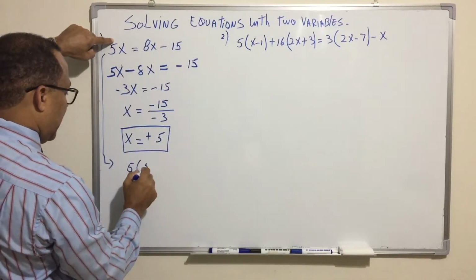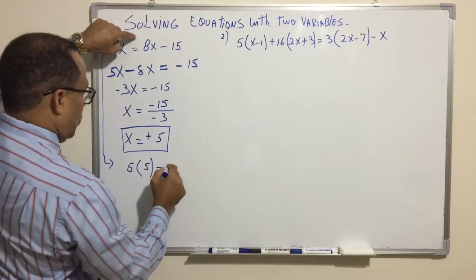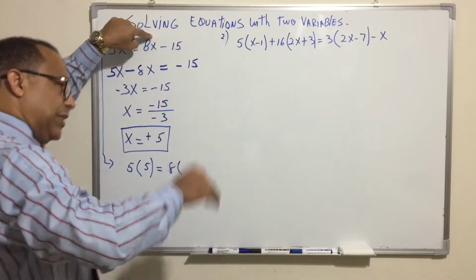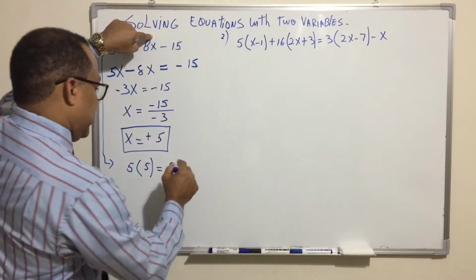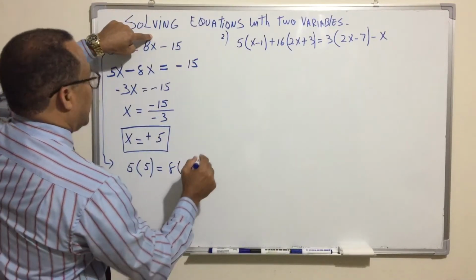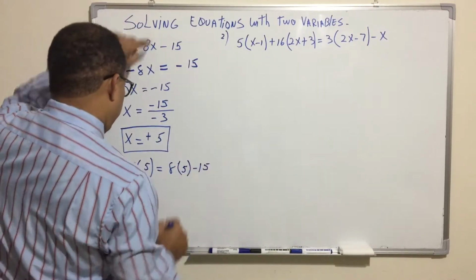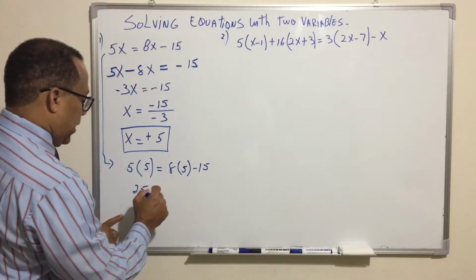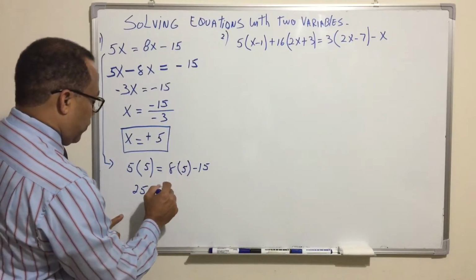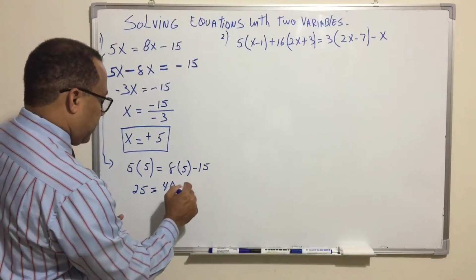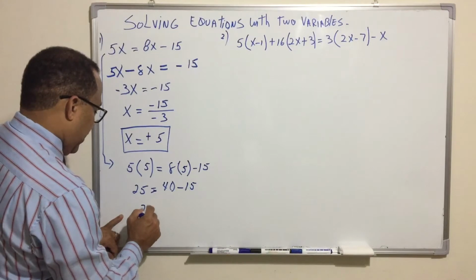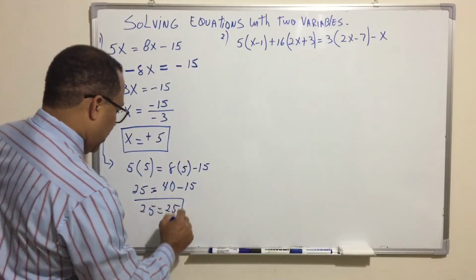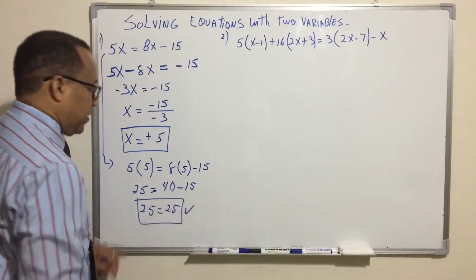So 5 times 5 equals 8x, which is 8 times x, which is 8 times 5 in this case, minus 15. 5 times 5 equals 25, equals 8 times 5 equals 40, minus 15. 25 equals 40 minus 15 equals 25. 25 equals 25, check. It is correct.